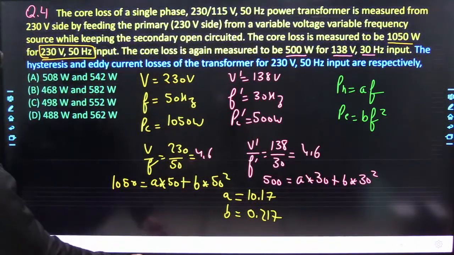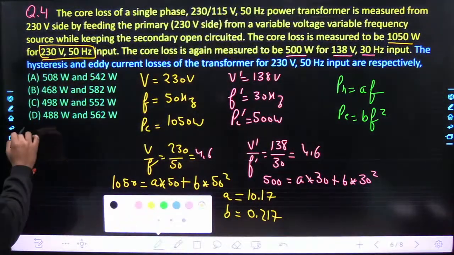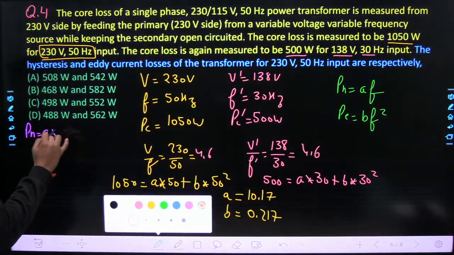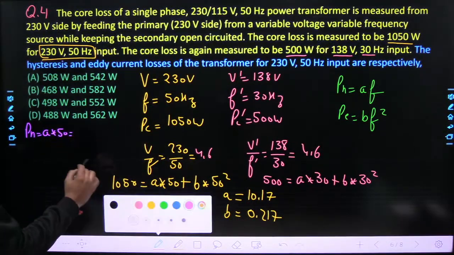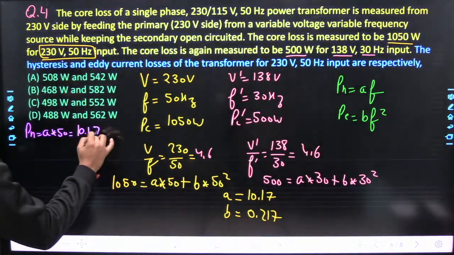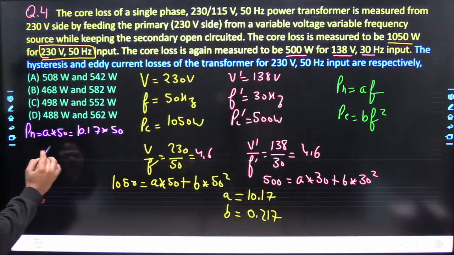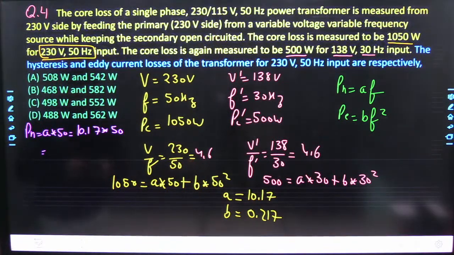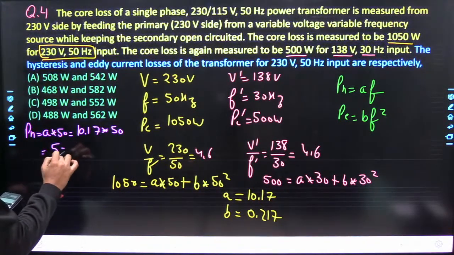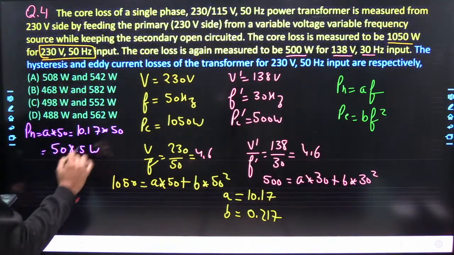That means we put in these values. Hysteresis loss PH equals A into 50, that is 10.17 into 50, which is 508.5 watt.